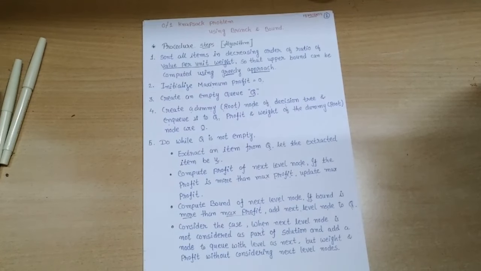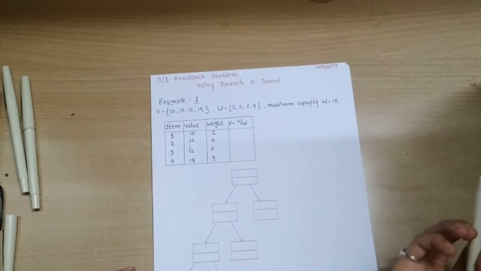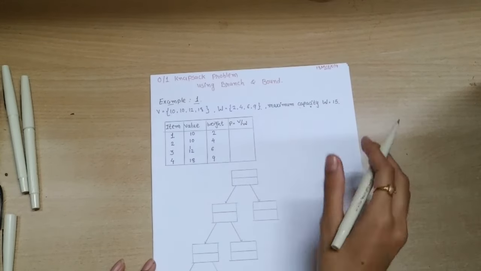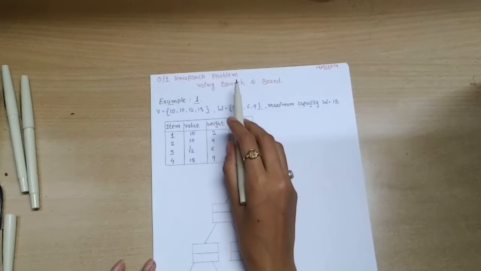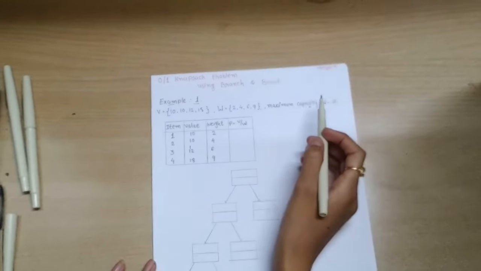Now we will see the algorithm with an example. Now I am going to explain one example of the 0/1 knapsack problem using the branch and bound technique.